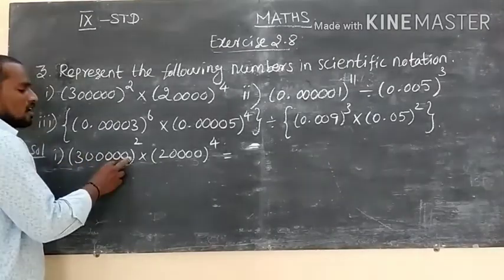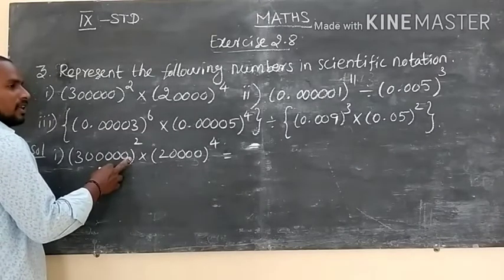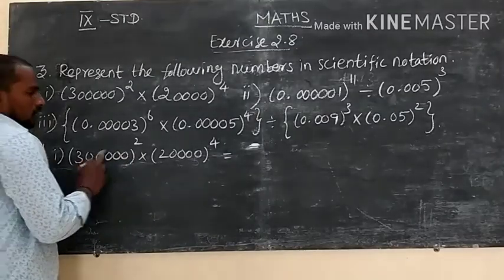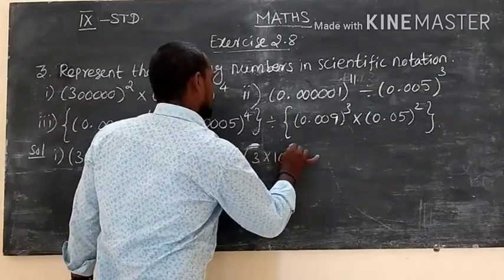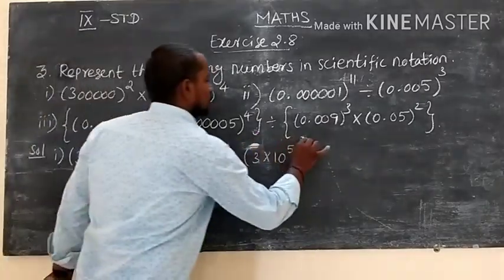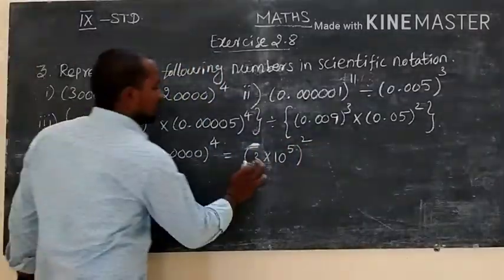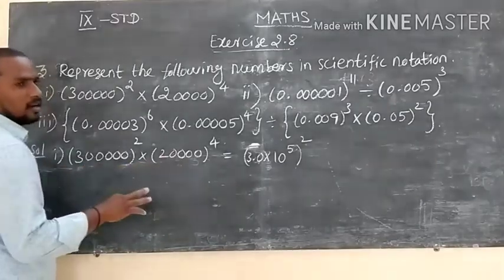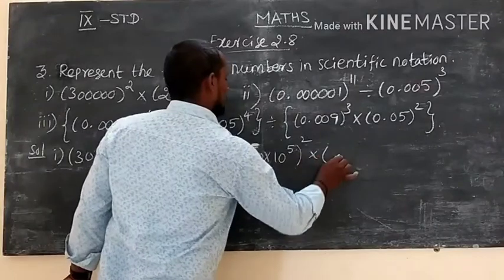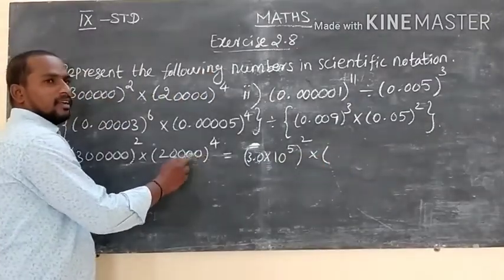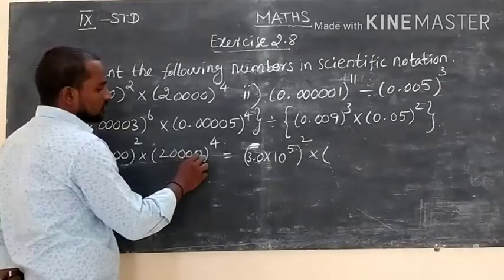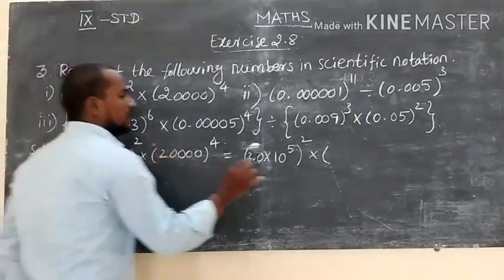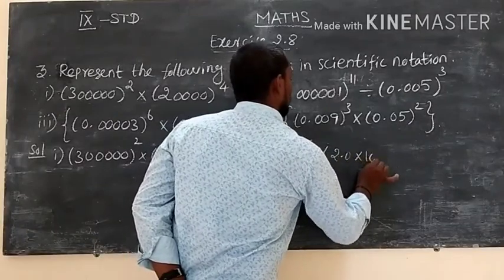Consider the last zero as the decimal point, making the shift right to left: 1, 2, 3, 4, 5. So this number can be written as 3 into 10 power 5, squared. Is it or not? This is the scientific notation. Or 3.0, we write it as 0 because after the decimal, 0 has no value, as I already told. In the same manner, where no decimal is given, we consider the last digit as the decimal. The decimal point shifts right to left 1, 2, 3, 4, so 2.0 into 10 power 4.